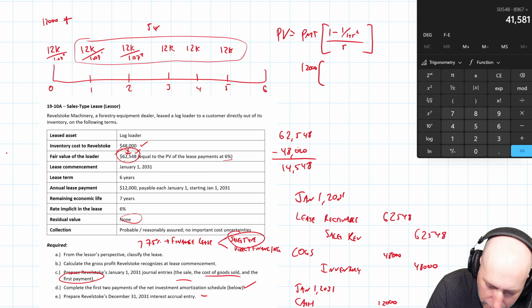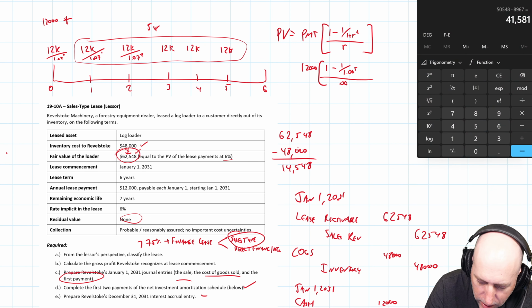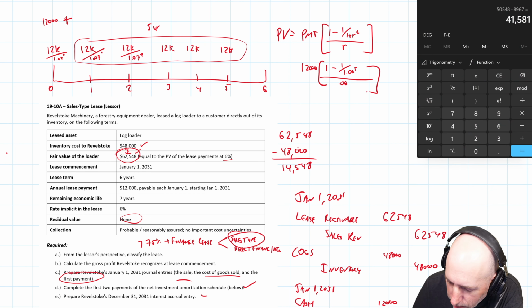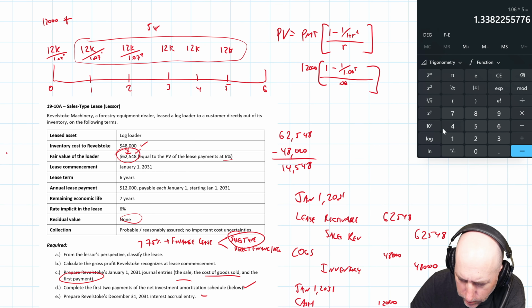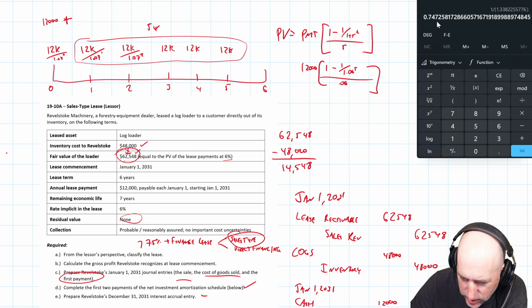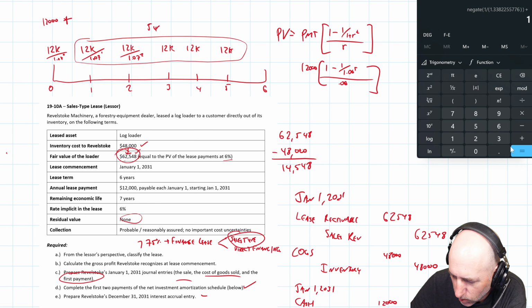12,000 times (1 minus 1 over 1.06 to the power of 5). We're only doing a 5-year annuity. Remember, that other $12,000 payment just gets added. It doesn't get discounted. Divided by 0.06. So 1.06 to the power of 5 is 1.33. I go 1 over that number, 0.74. I go 1 minus that, so I put that in as a negative, plus 1.